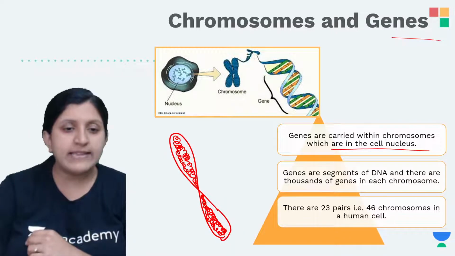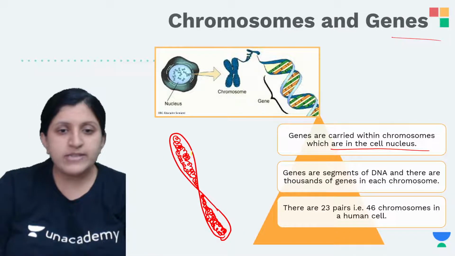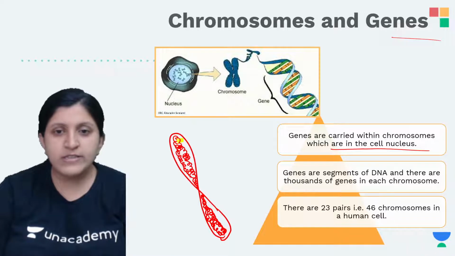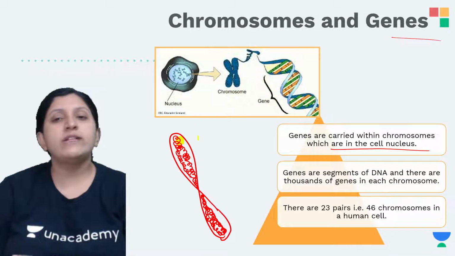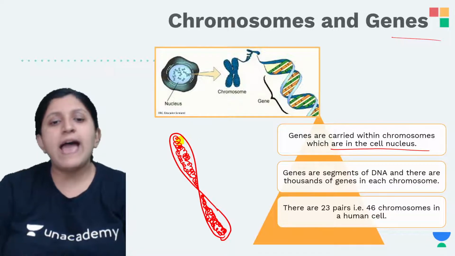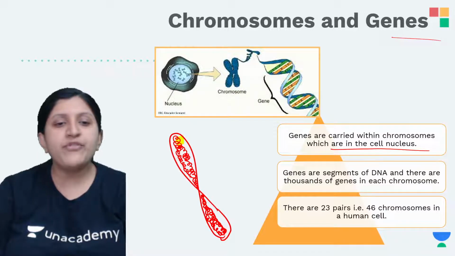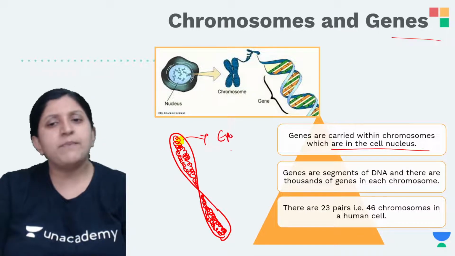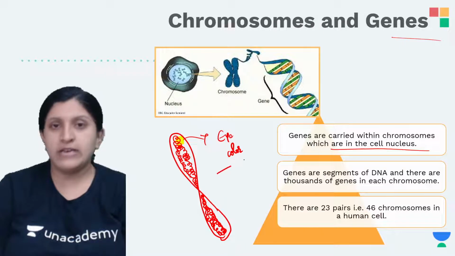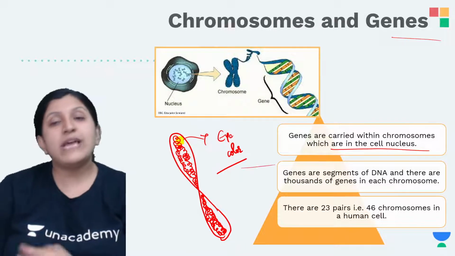Let me highlight that so that you understand. Let's say this part of the chromosome or the DNA is a gene, and that gene might be coding for eye color. Based on that you can see a variation.